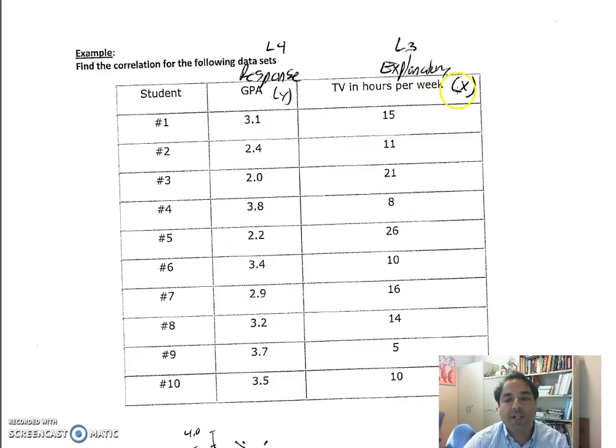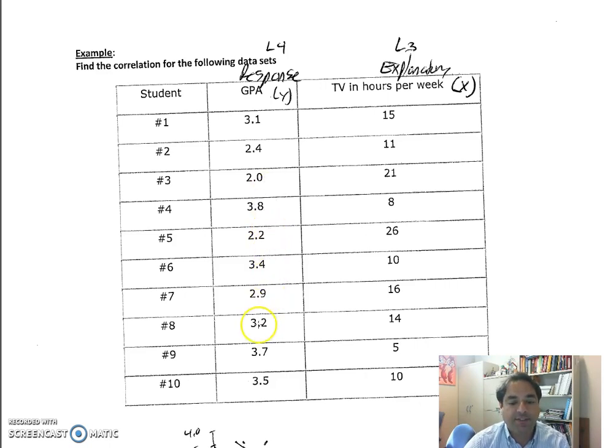We're going to put our data in the calculator in a moment, but I also want to think about my window. If the X-axis is TV hours per week, the lowest is 5, maybe I'll start at 0. And the highest is 26, so maybe I'll go to 30, 0 to 30, counting by 5s or 10s, your choice. If I look at GPA, I'm going to have a different window. I'm going to have a different axis. So the lowest is 2.0, so maybe start at 2.0 or probably a little bit before, like 1.5.